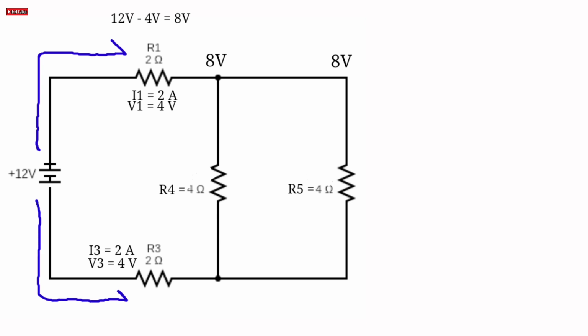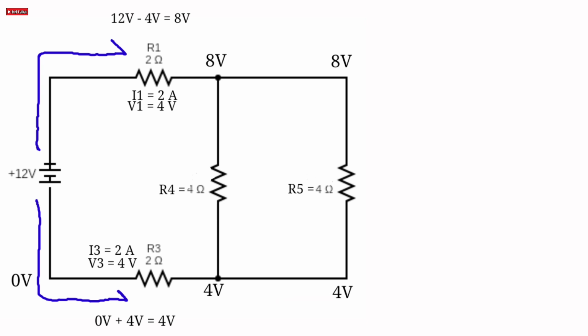Same as the end of the circuit, we know that the voltage at the end of the circuit is equal to 0 volts because the potential always goes to 0. We know that there is a 4 volt drop across R3, so 0 plus 4 is equal to 4 volts. Same as the voltage over here, which is also 4 volts because we have not crossed any resistor.